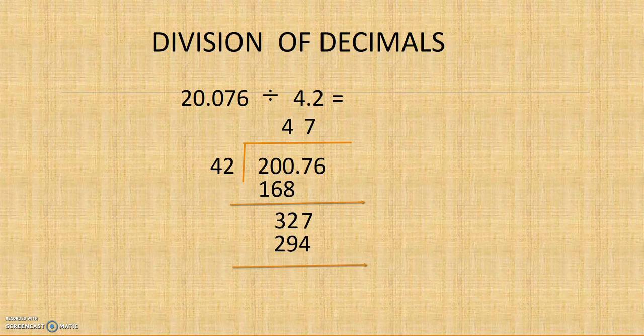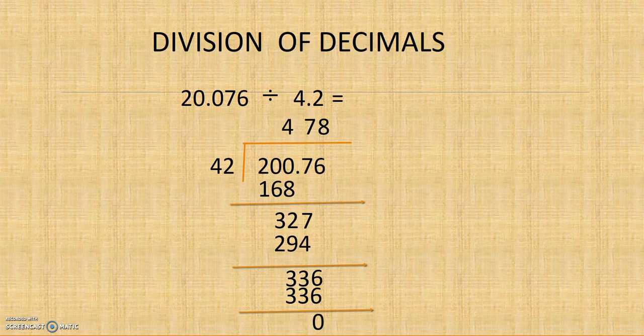So 327 minus 294 is 33. Then let's bring down the last digit left, which is 6. So 336 divided by 42 is 8. 8 times 42 is 336. So now we have no remainder.